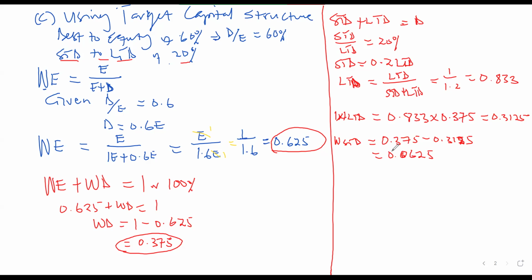It's 0.8333, repeating. So if you multiply that, it should give you 0.3125 if you use the total. So now you have the weight of short-term debt, the weight of long-term debt, and the weight of equity. So you can now calculate your WACC.